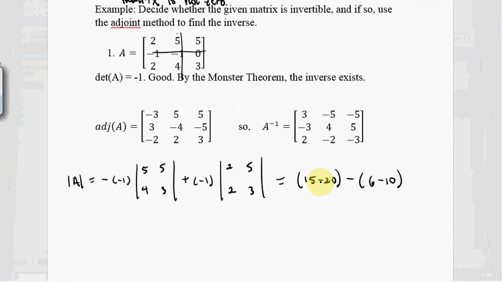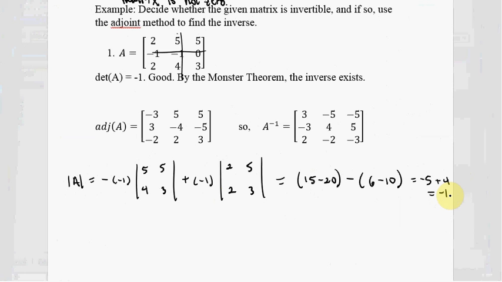So this is negative 5. Excuse me. And this is plus 4. So we get negative 1. So the determinant of A is not equal to 0. So the inverse exists, so I can proceed by trying to find the so-called adjoint of A.